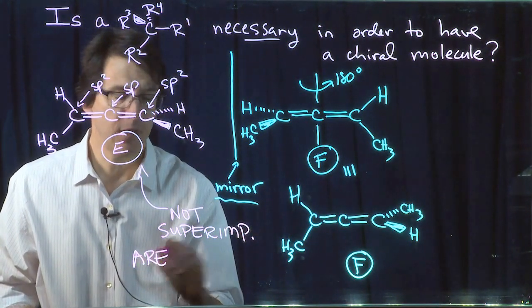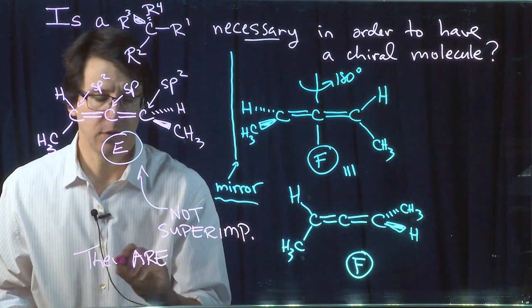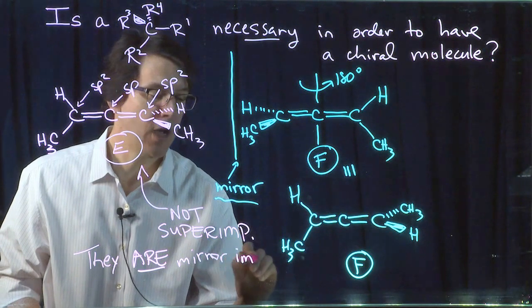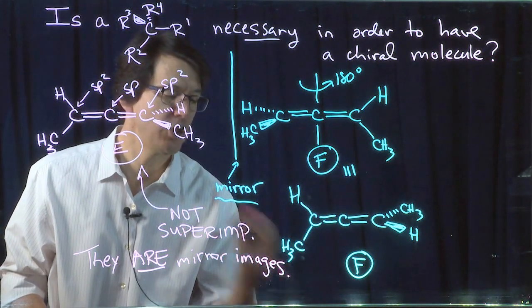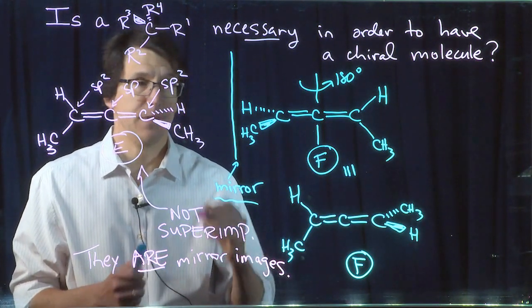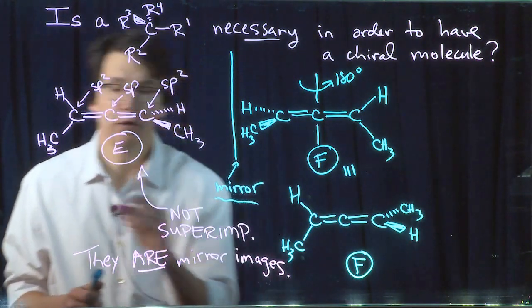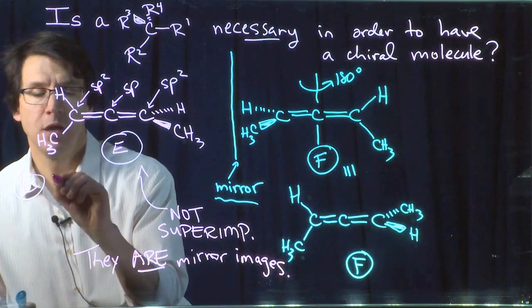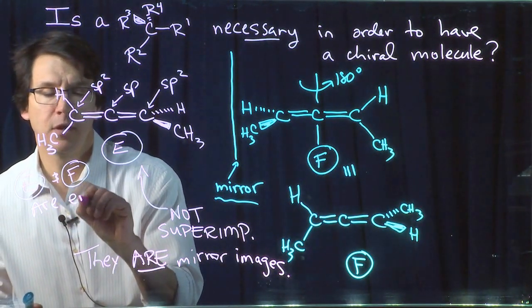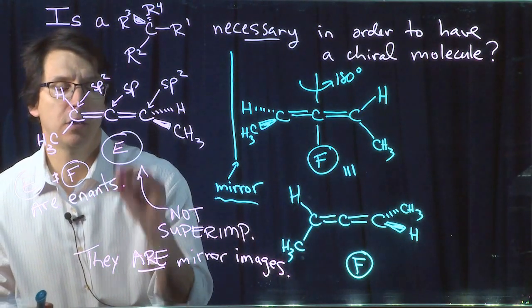We've drawn them as mirror images. So non-superimposable mirror images, their relationship is, what is E to F? These are enantiomers of each other. So E and F are enantiomers of each other.